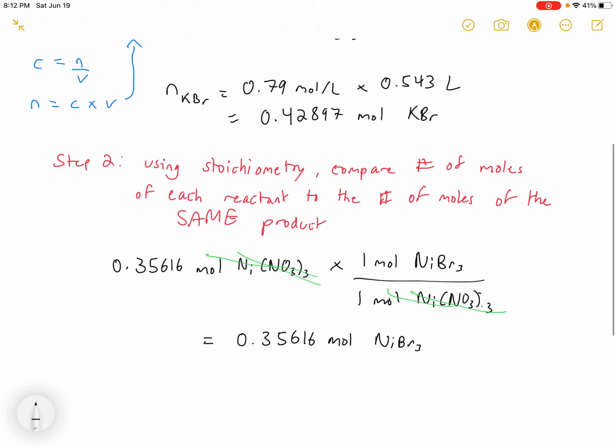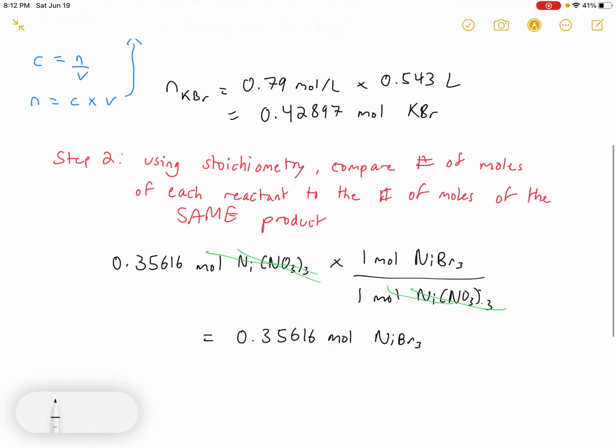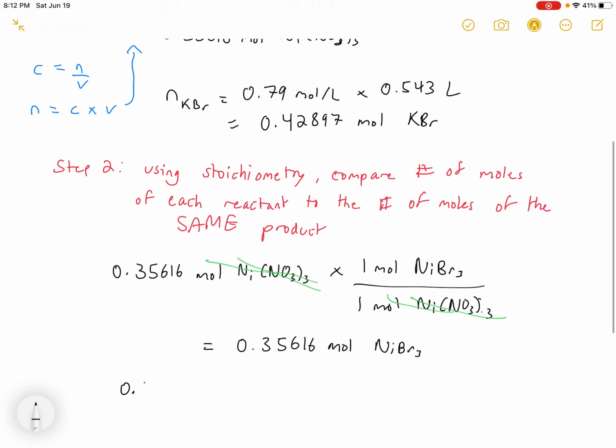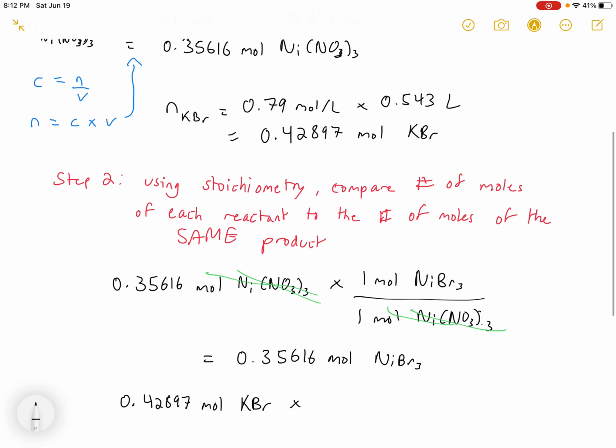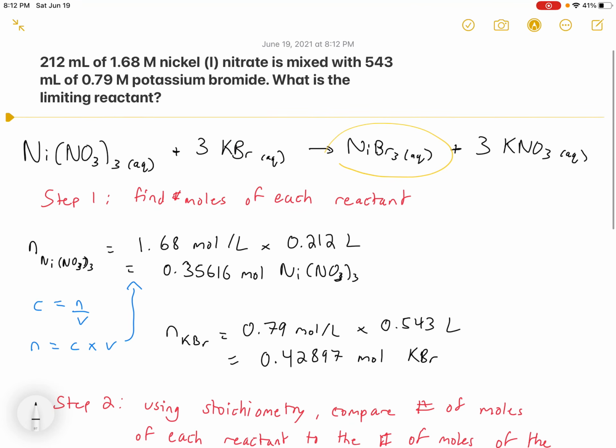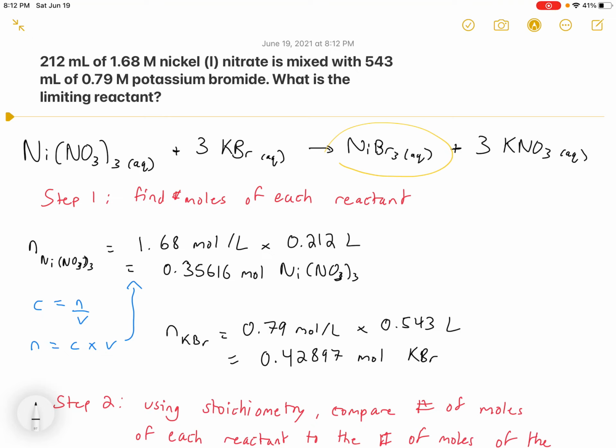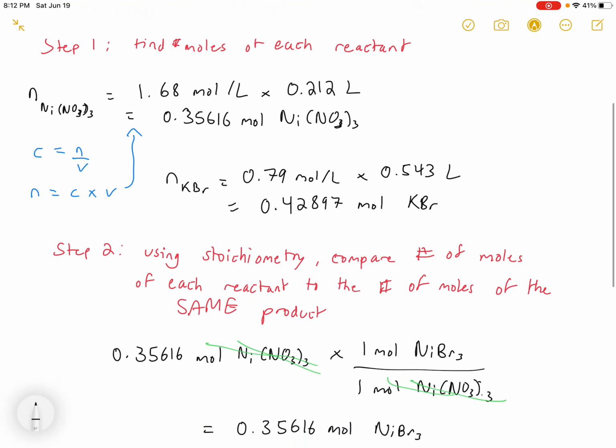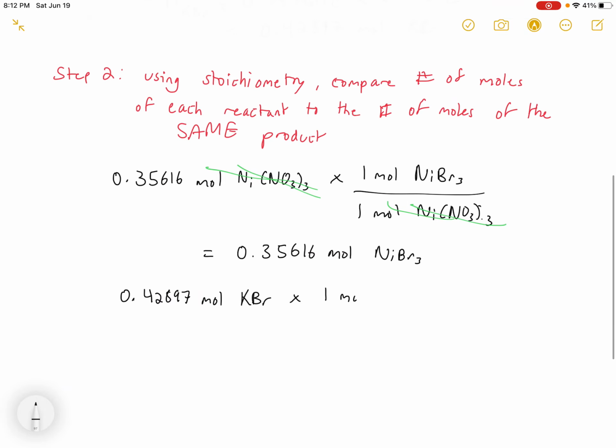All right, now let's look at the situation as though the potassium bromide were the limiting reactant. So we have 0.42897 moles of the KBr, and then we'll set up our stoichiometry. So if we go into the balanced equation, we see that 3 moles of potassium bromide go into this reaction for every 1 mole of nickel bromide that comes out. So that means that 1 mole of nickel bromide can be produced for every 3 moles of potassium bromide.